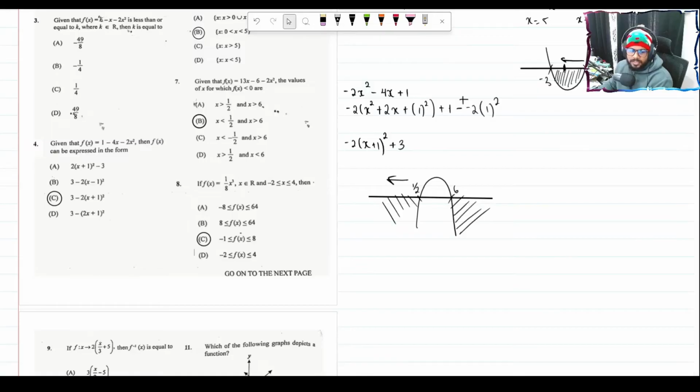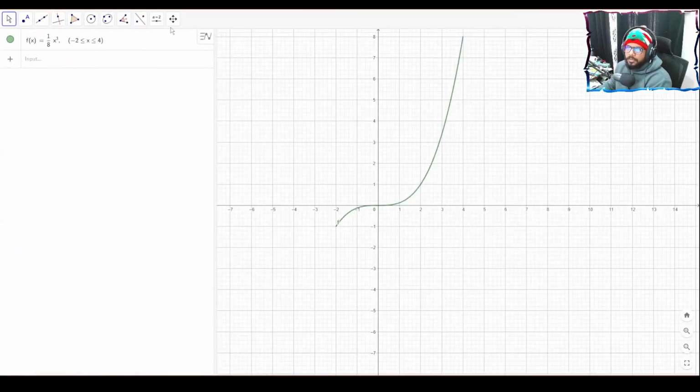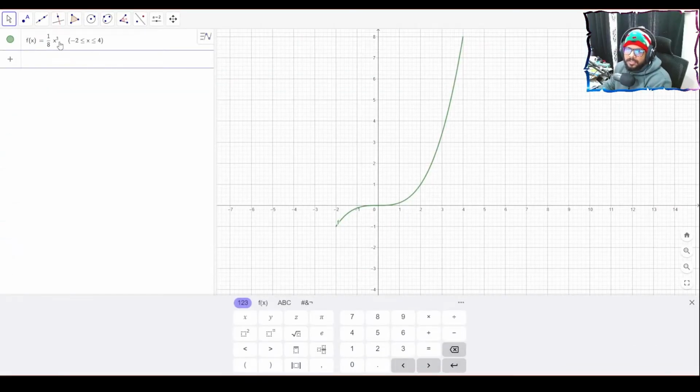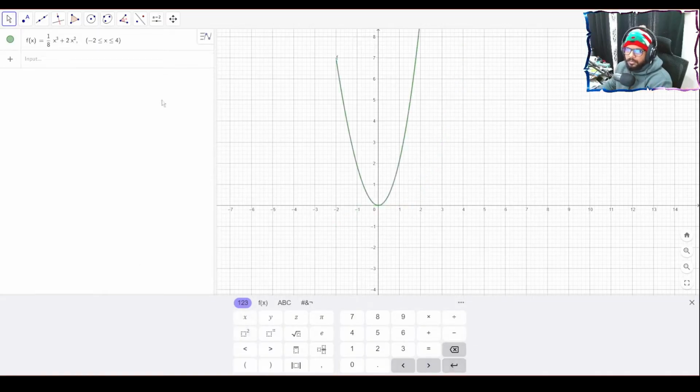But just as a contingency plan, suppose instead of this graph, I had something like this. Let me say plus 2x squared. Let me say plus 3x. Now I'm forcing an issue here, because I want the graph to look a particular way.